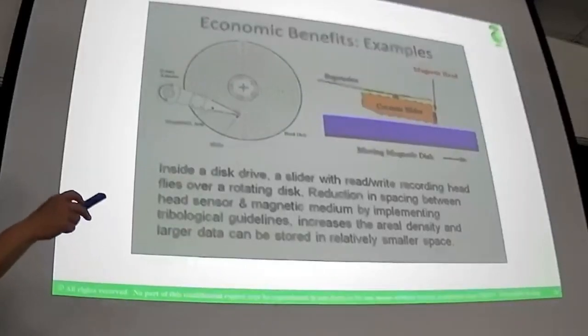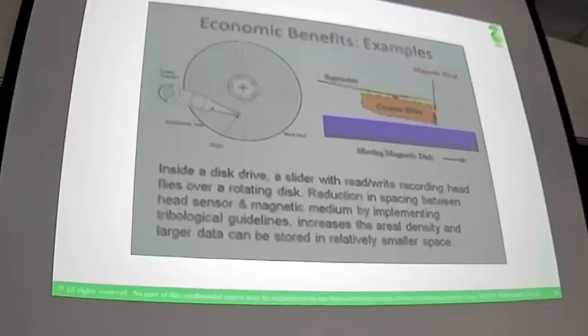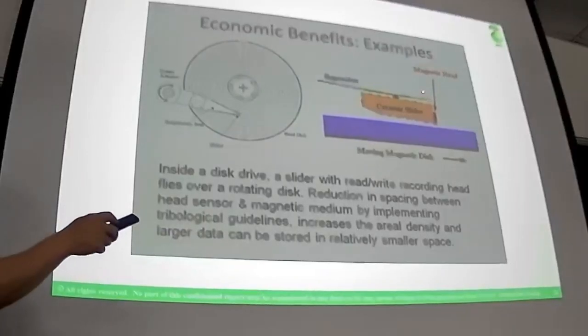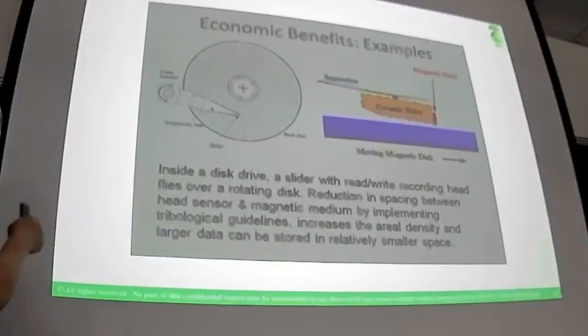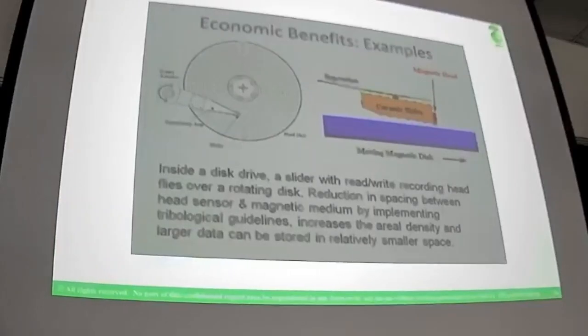It's a magnetic disk from a personal computer. You have a reading head. This is a reading head in the disk drive.